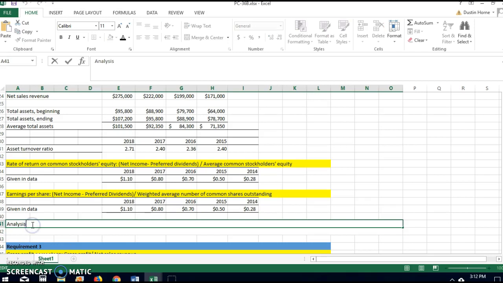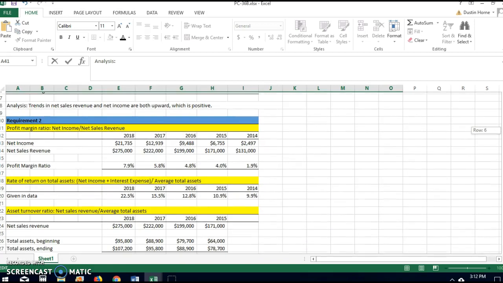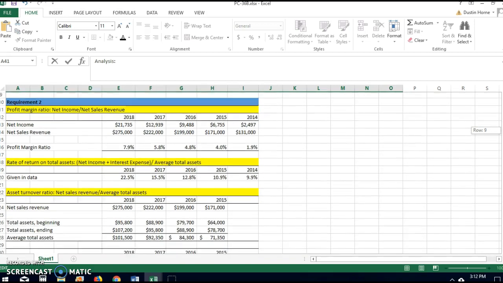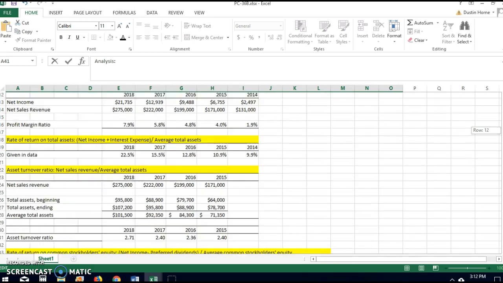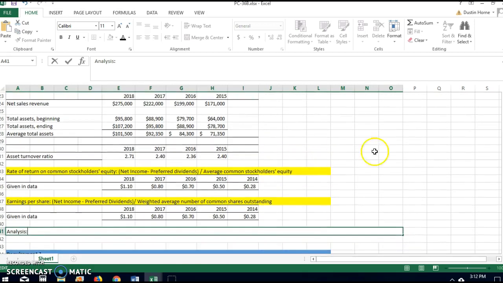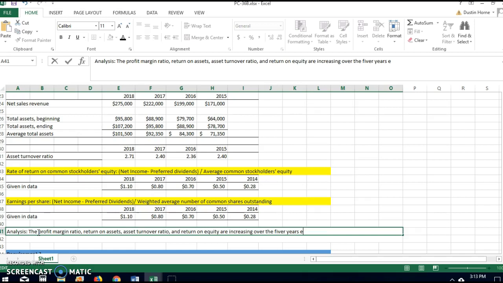So let's look at our analysis. Let's think about this for a second. Look at all the profitability analysis. When we're doing profitability analysis, we need to look at everything. So we can say here that the profit margin ratio, return on assets, asset turnover ratio, and the return on equity are increasing over the 5 years examined.